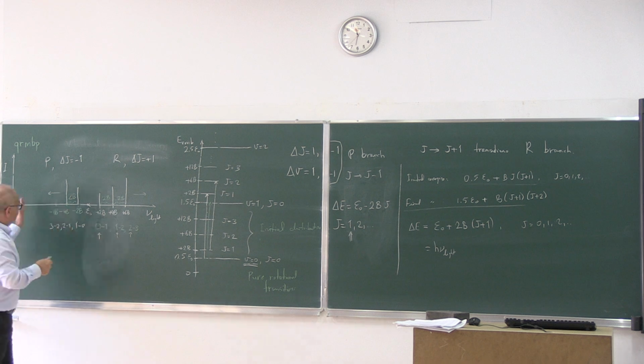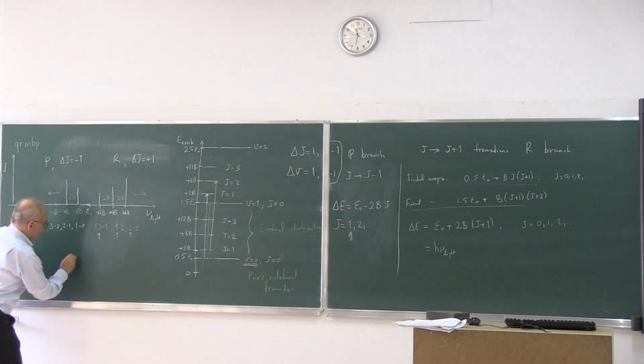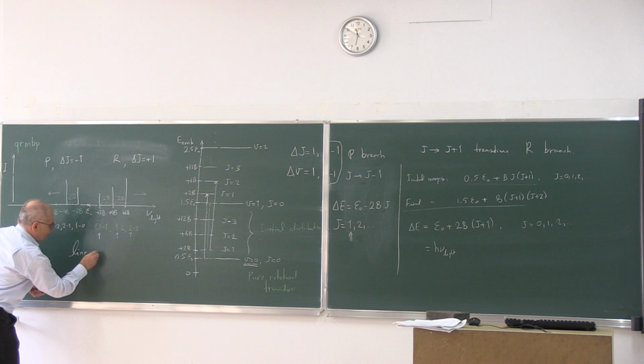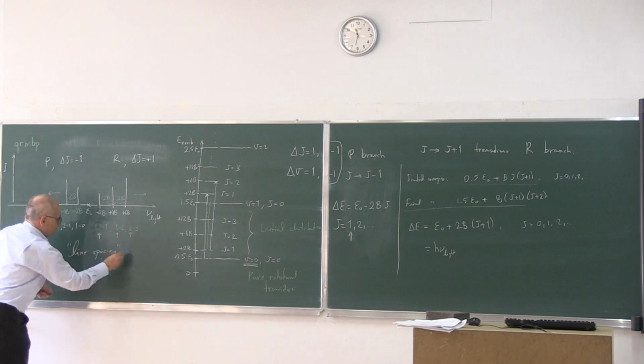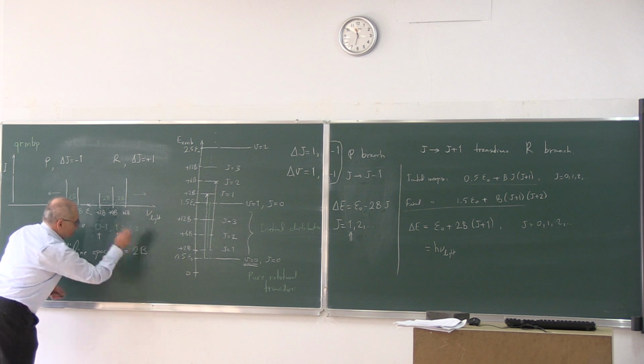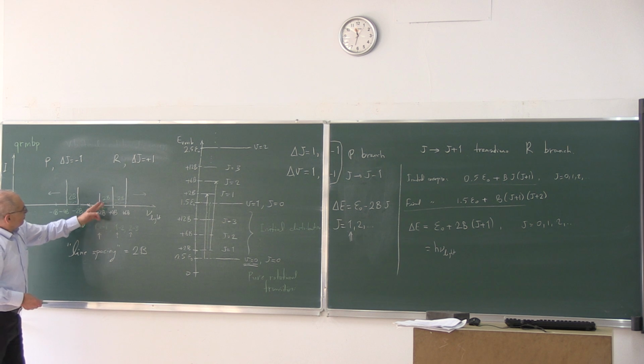So, if you consider from left to right, in the R branch or in the P branch, the line spacing, the term line spacing means the difference between this absorption, this photon frequency, minus that photon frequency, or that one minus that one, successive.